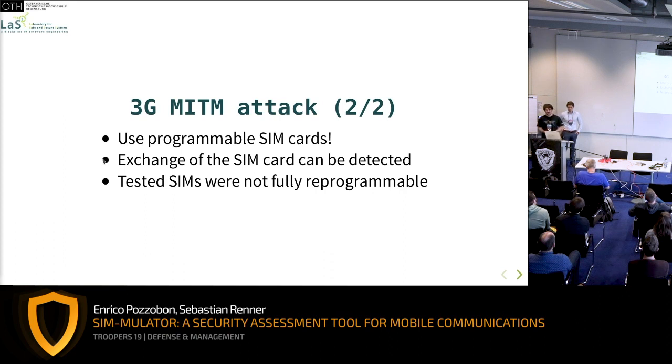Or maybe it was just an internal error. We are not quite sure, but it's impossible to connect to our pirate BTS using a programmable SIM card from the device we were testing.